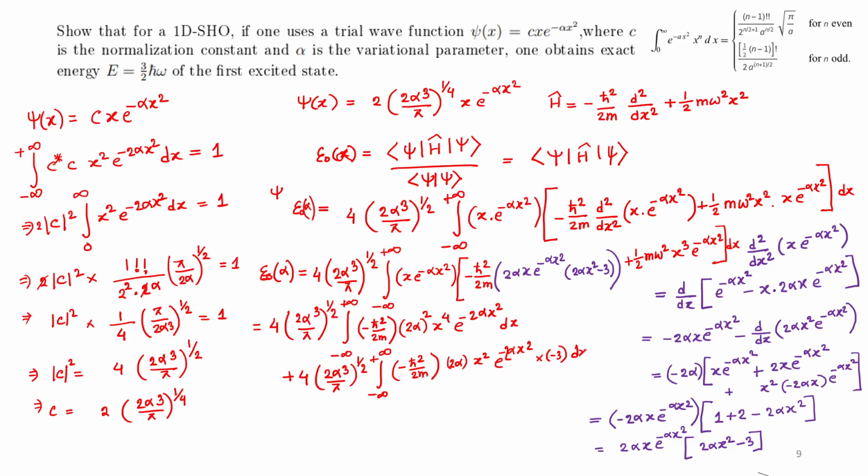And the other term is going to be 4 3 alpha cubed by 5 half, minus infinity to plus infinity, half m omega square to the power 4, e to the power minus 2 alpha x square dx.